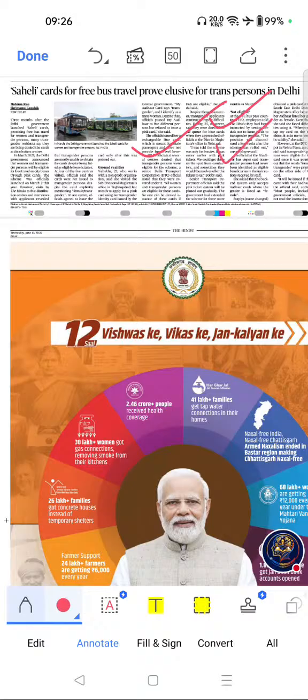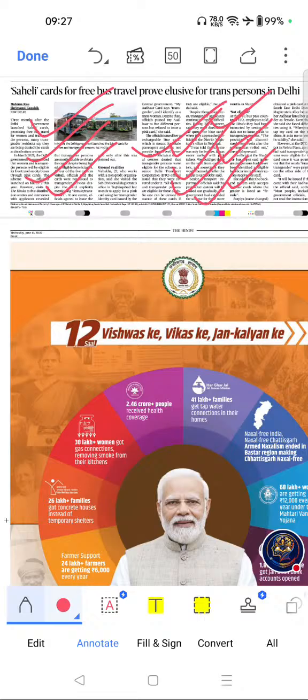Welfare delivery and inclusion are key governance themes and it is relevant for GS2 and the essay section. Questions have appeared on transgender rights, social justice, welfare schemes and inclusive governance. If you see, the key themes related to this topic are Transgender Rights Act 2019, welfare inclusion, gender justice and public service delivery.